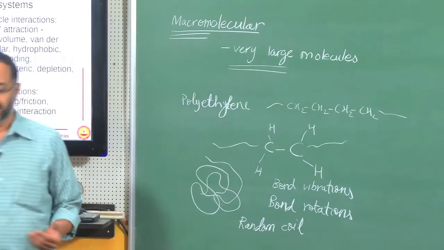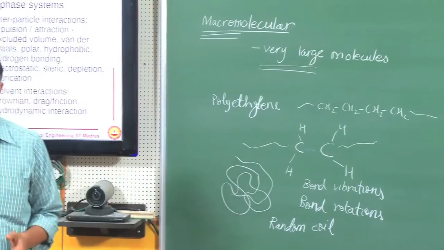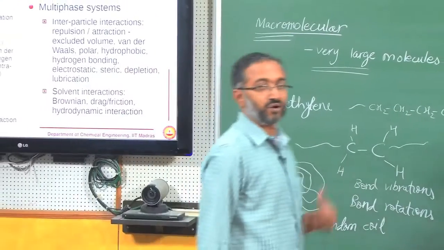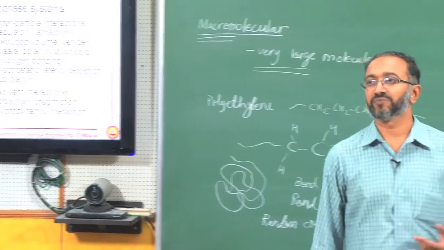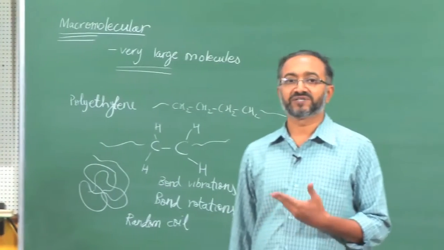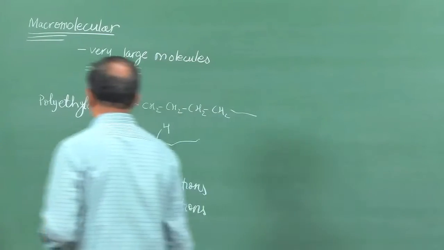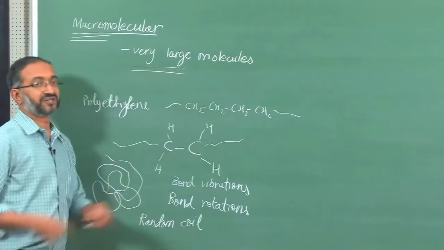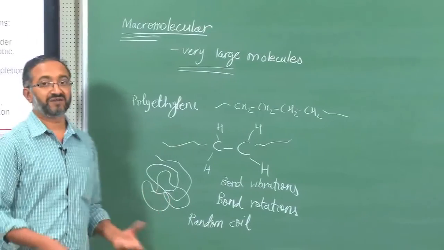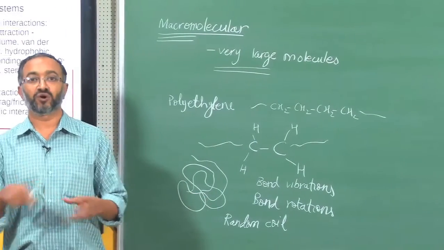One way to describe this coil-like structure of a macromolecule is to talk about its flexibility. The fact that CC bond rotation is allowed means we end up getting a flexible macromolecule which actually coils.